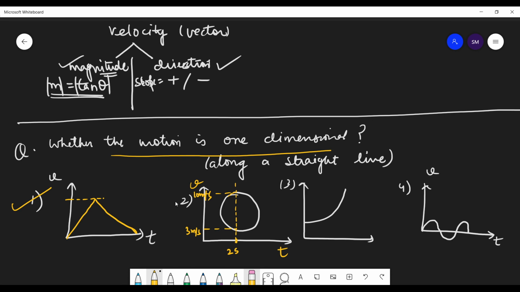So this is not a realistic graph. And the rest of the graphs are realistic, one velocity at a time. So these are all graphs of one-dimensional motion. But this graph is not possible.